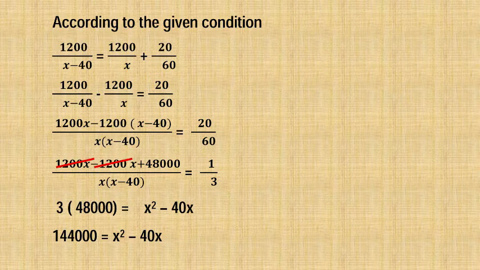So this time is equal to the actual time taken by an aeroplane with the original speed, that is 1200 by x, plus 20 minutes. As I said in the previous problem, take it as 20 by 60 because it is given in minutes. So just note down the difference between the second problem and the third problem.